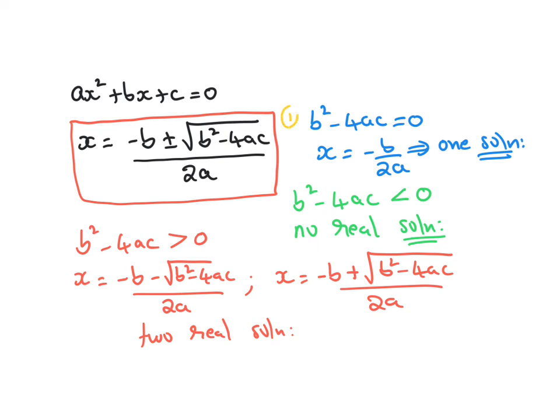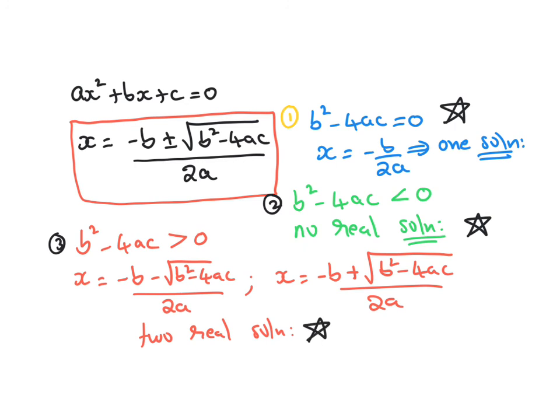So there are three cases here. One, when b squared minus 4ac is equal to 0, there will be only one solution. Second, when b squared minus 4ac is less than 0, there will be no real solution. And third, when b squared minus 4ac is greater than 0, there will be two real solutions.